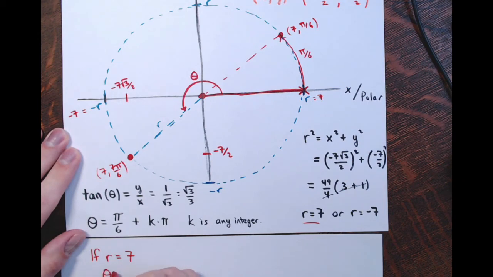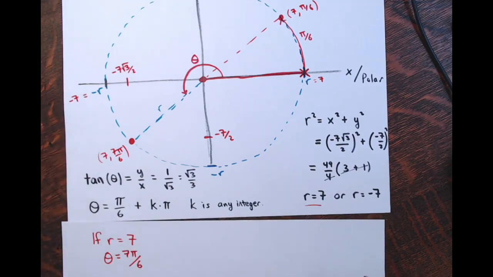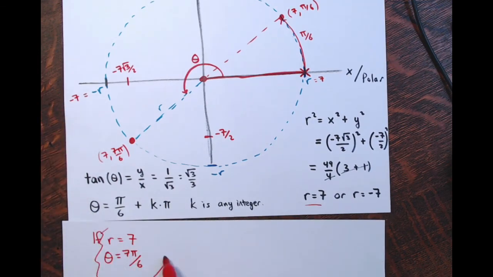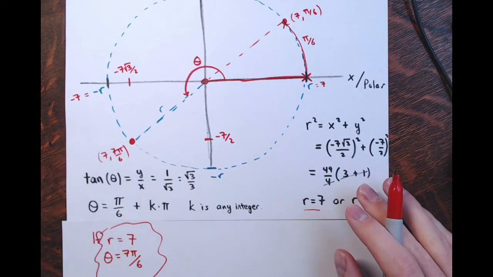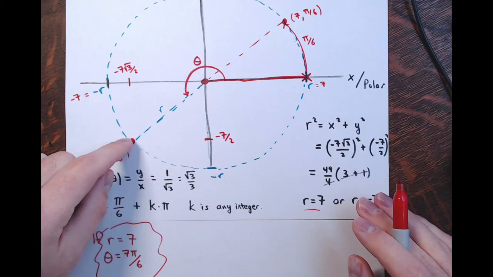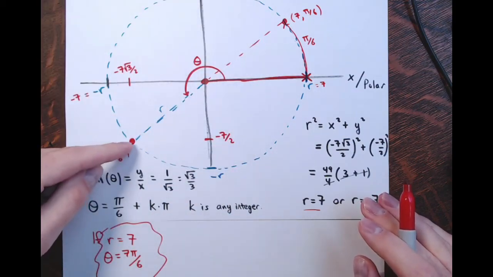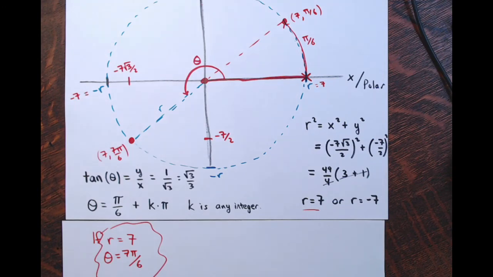So I could use theta equals 7 pi over 6 when my value of r is 7. There's one version of polar coordinates for that location. Now again, I could also take this 7 pi over 6 and just add or subtract 2 pi, go all the way around the circle and get there again. That'd be fine as well.